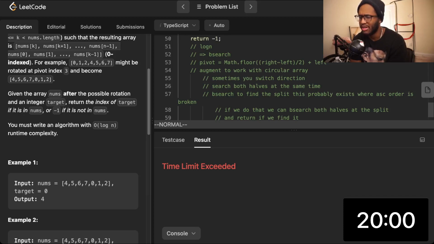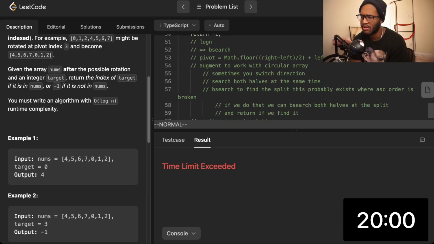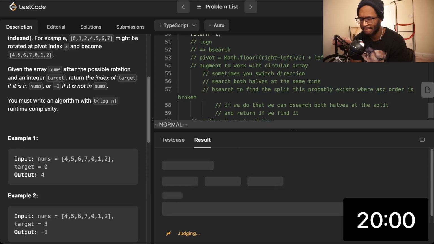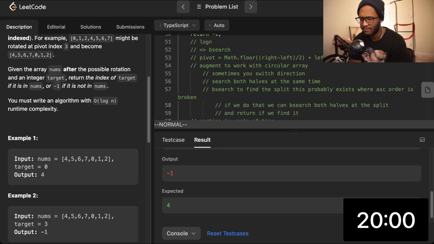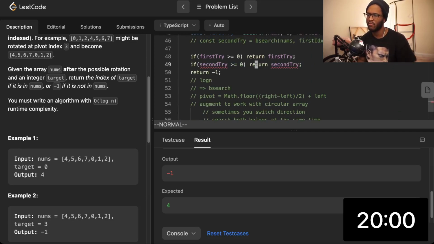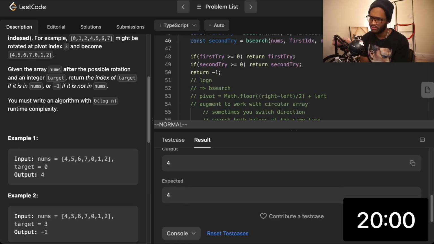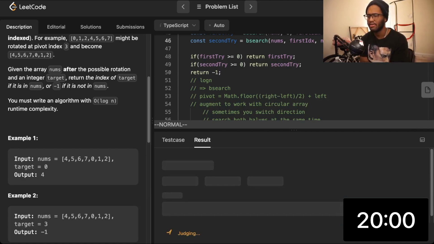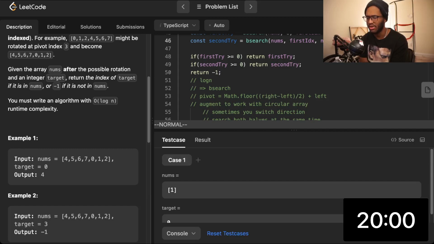Which is basically drop the constants and it's log n. Oh, I think it might be. I think it's literally this one here.